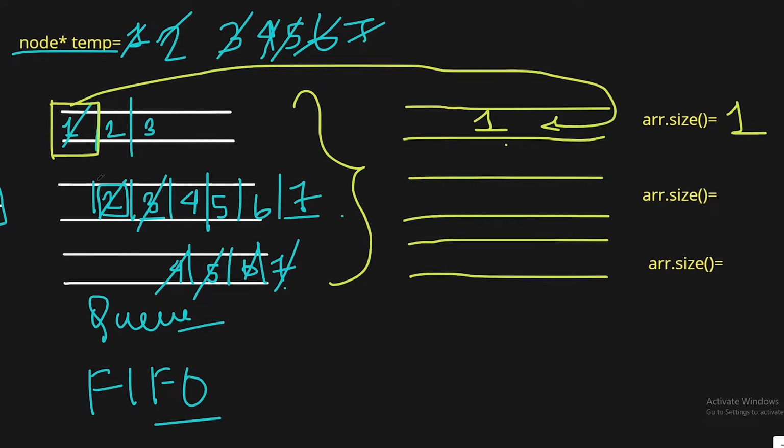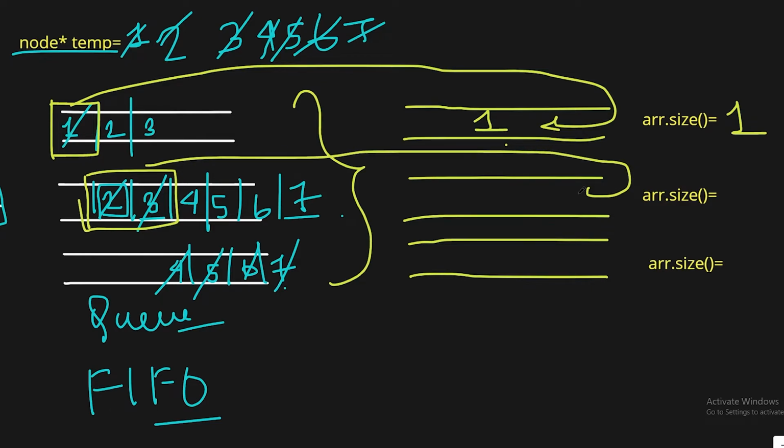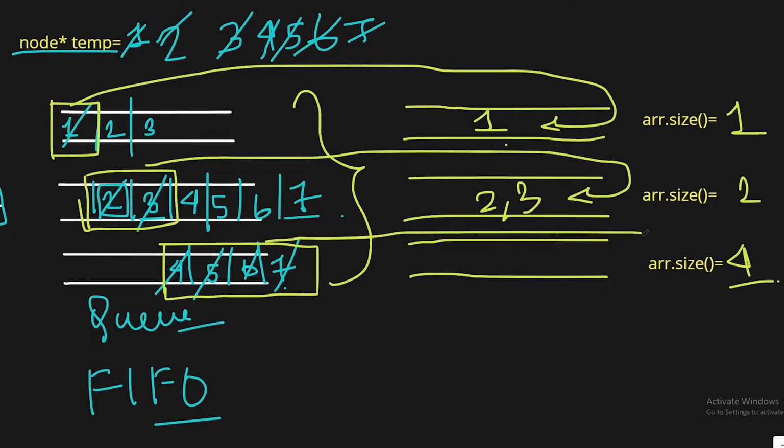For this queue, 2 and 3 would be pushed to this array, and for this stage the initial size was 2, and for this stage the initial size is 4, right? So in this stage this whole thing is going to be pushed into this array.